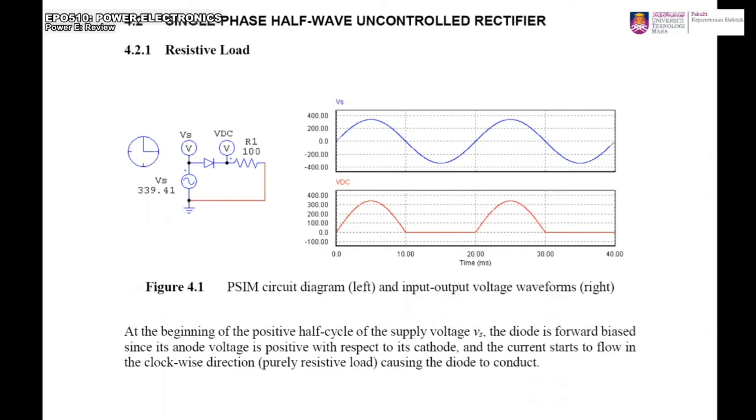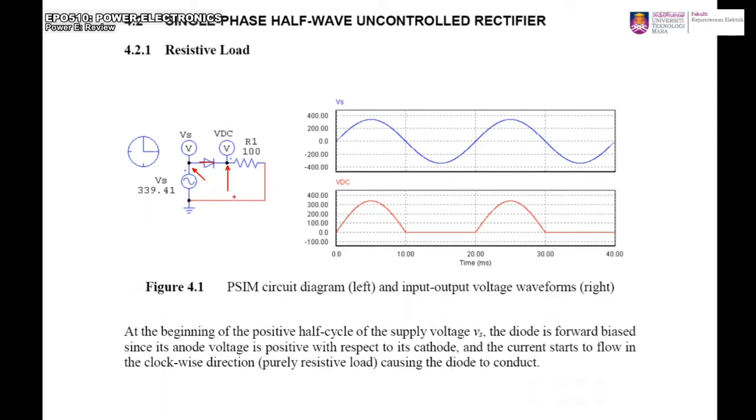Whenever the diode is on, it will appear as a short circuit, therefore connecting VDC to VS. So the output voltage equals the supply voltage, and that's why VDC here will just copy the supply voltage.